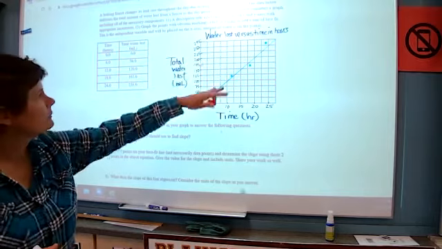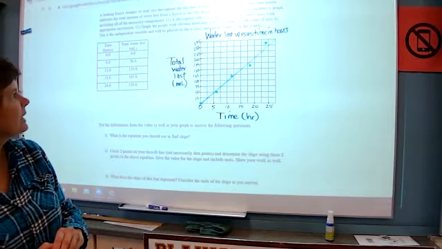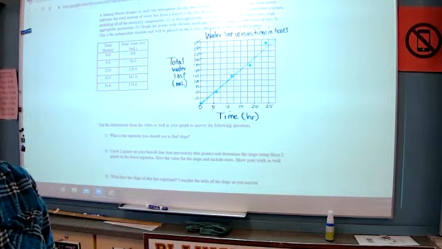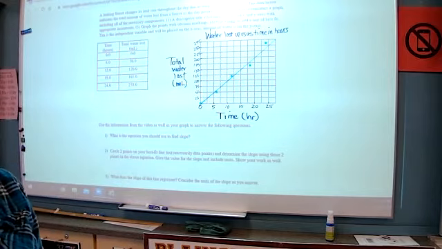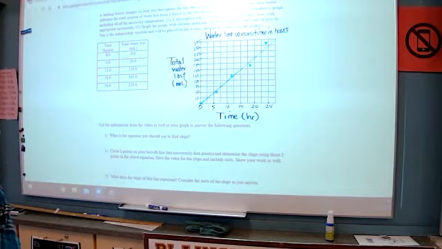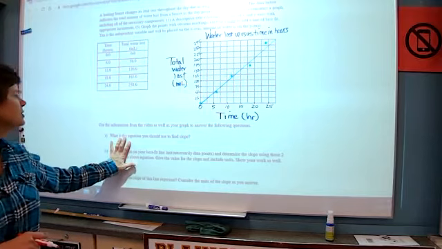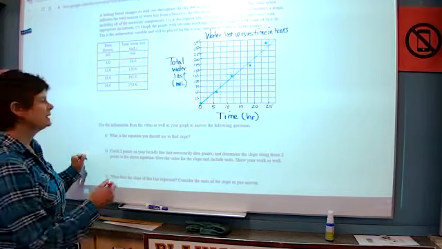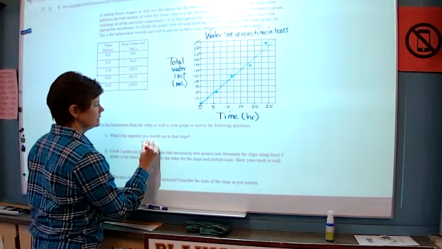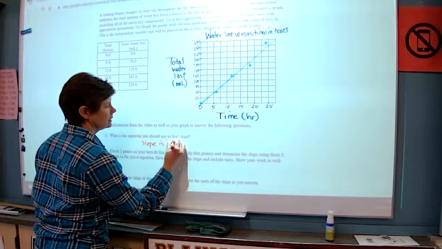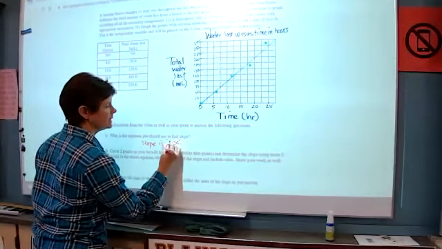Okay, so now we've correctly completed a graph. Hopefully yours looks similar. And now we're going to go to the questions that are written below. You can't read them on the projector, but that's fine. They're written on your sheet. The first one is, what is the equation that you should use to find slope? Now we know that slope is rise over run, but that's not actually an equation.